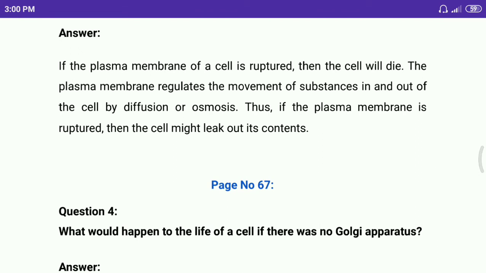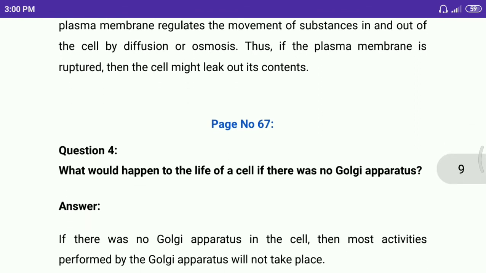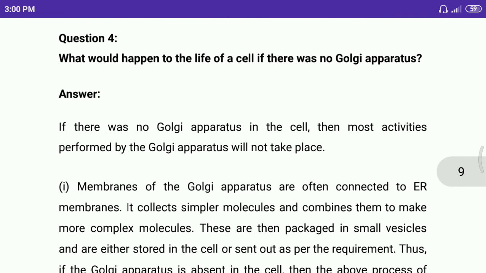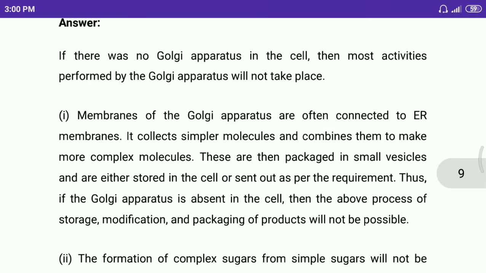Page number 67. First question: What could happen to the life of a cell if there was no Golgi apparatus? Answer: If there was no Golgi apparatus, the cell's most active performance by the Golgi apparatus will not take place. First, the membranes of the Golgi apparatus are often connected to the ER membrane.